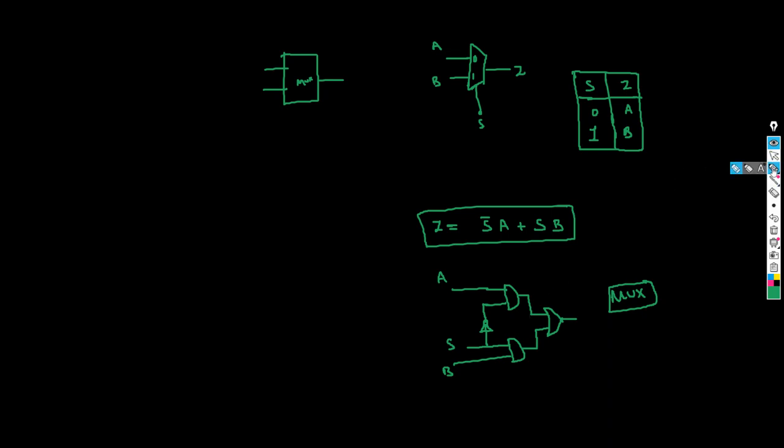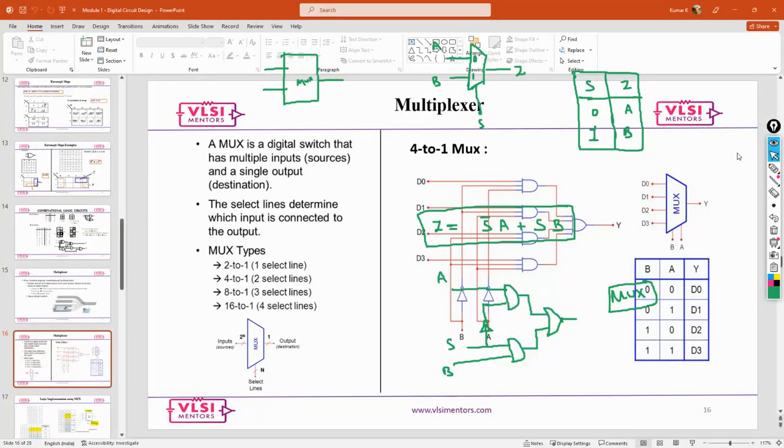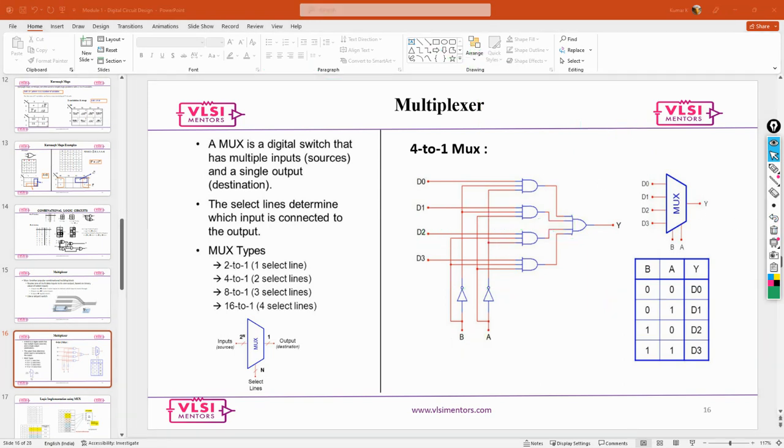Now let's talk quickly about the 4x1 mux. Look here: you have two control inputs and four inputs.